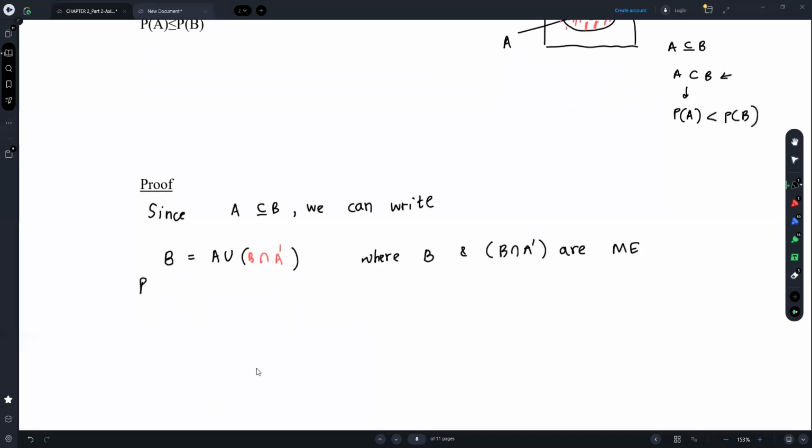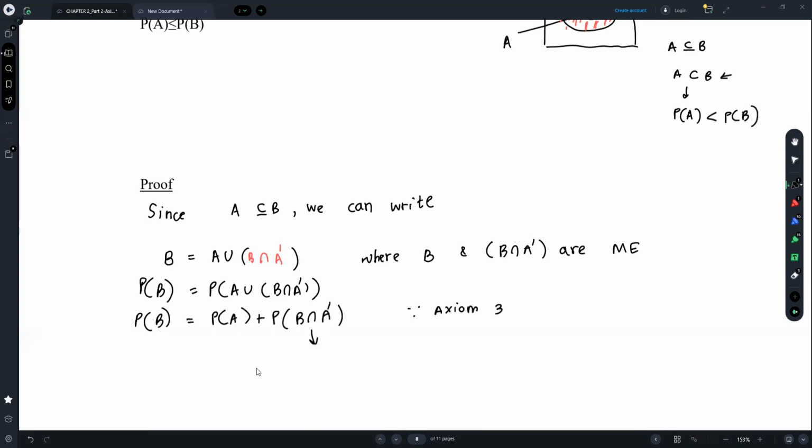So you can write P(B) equals P(A union B intersection A's complement). And then from axiom 3, you can write P(B) equals P(A) plus probability of B intersection A's complement. Right? So this is from axiom 3.